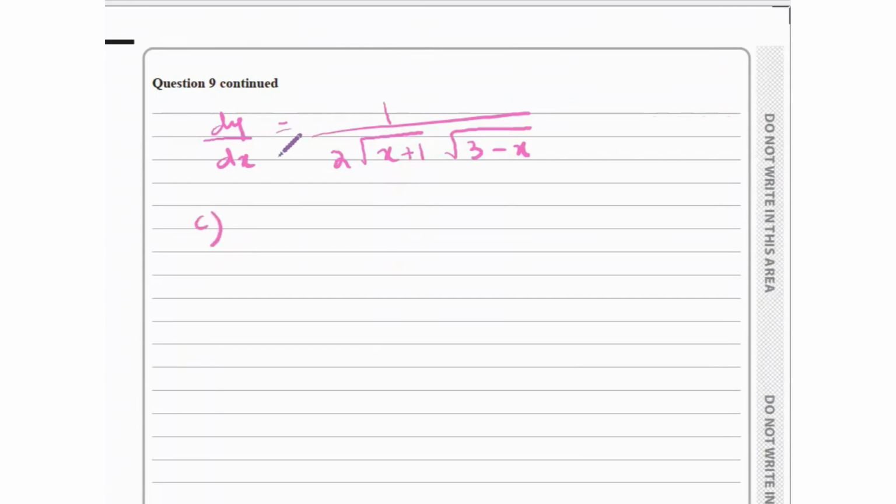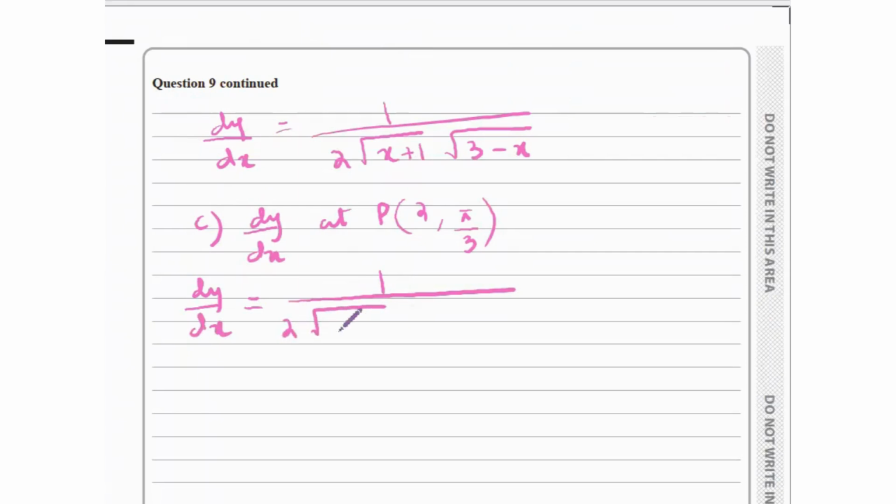So dy by dx is this. You find the gradient of the curve at point P. So dy by dx at P, which is (2, pi by 3). So dy by dx is going to be 1 over 2 times root of (2 plus 1) times root of (3 minus 2).